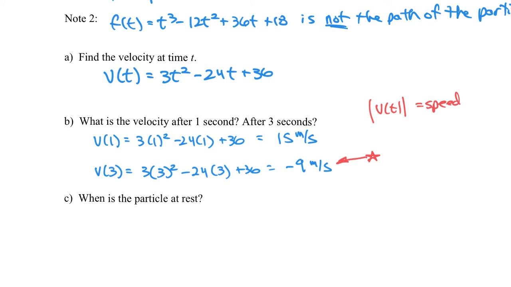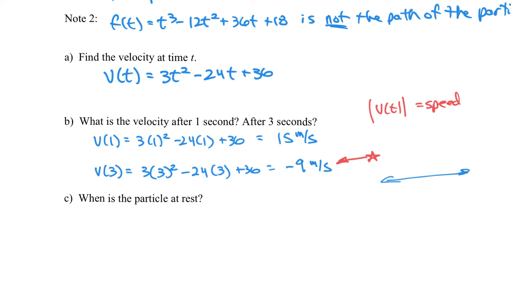But velocity here, this is telling us a direction. We have straight line motion, so when it's negative, typically that means we're going to the left or down. And so in this case, if this is left-right motion on a number line, so we're going along here.